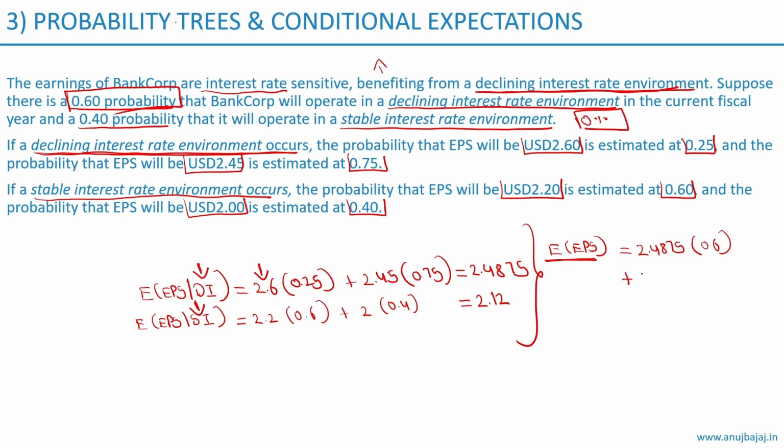Then we add the earnings per share given a stable interest rate environment, which is 2.12, multiplied by the probability of a stable interest rate environment occurring, which is 40%. So the expected earnings per share equals $2.34. So this is one way of calculating the unconditional expected value.